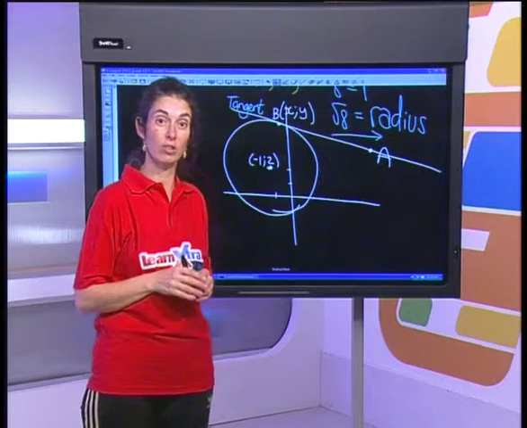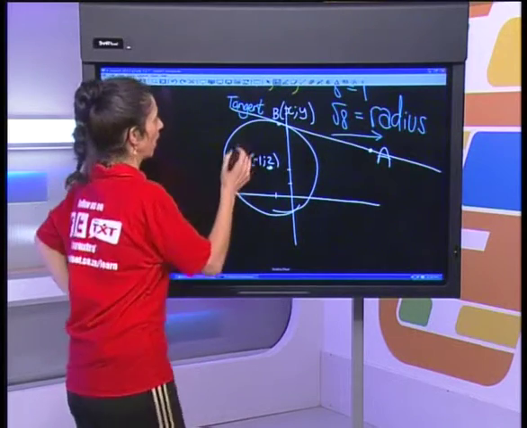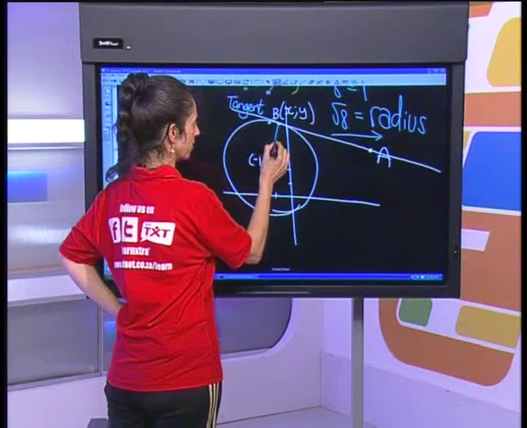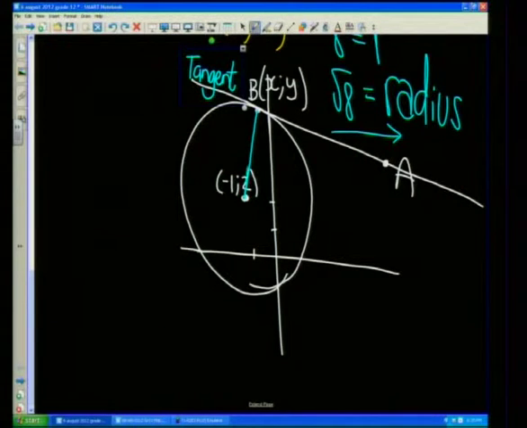They will be perpendicular to each other. So the moment I find a tangent, I'm always going to draw the radius. It's going to be one of those magic clues, should I say. And when I've drawn that radius, I'm going to fill in that it's perpendicular. So you will always draw the radius.